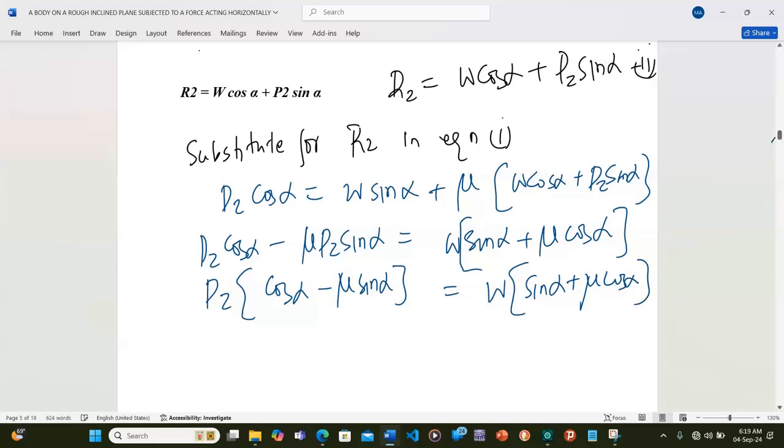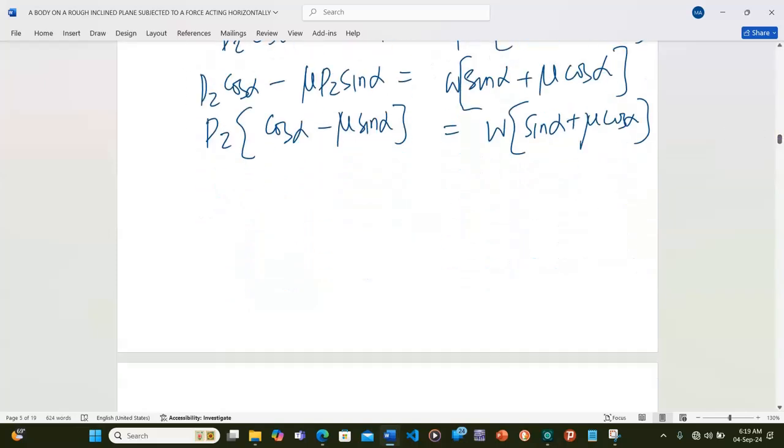What do we do with this? We can proceed by introducing the fact that nu is equal to tan phi, which is sine phi divided by cos phi.